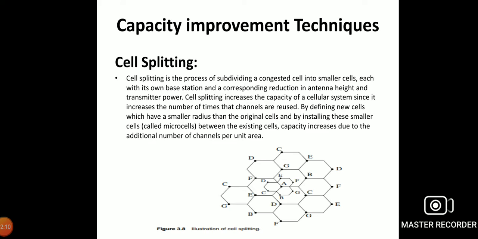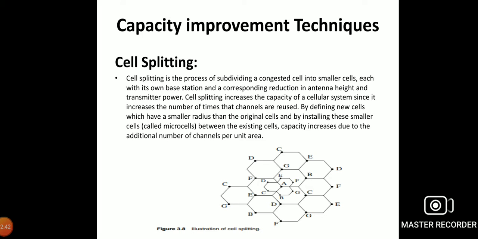Each smaller cell, that is each microcell, has its own base station antenna exclusively, and the microcell radius will be half the radius value of the macrocell. So it can be analyzed that the transmitted power of the large parent cell is equivalent to the transmitted power of the small cells.